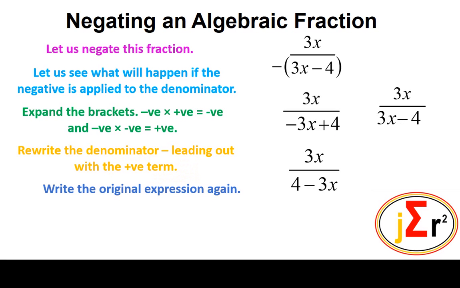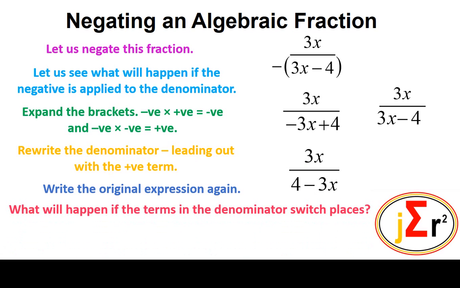But all that happens in the denominator, if you just look at what we had originally and what we have now, is that the terms exchange places. That's all. What will happen if the terms in the denominator switch places? So take the original, switch the places. What do you notice? We have the exact same thing here.